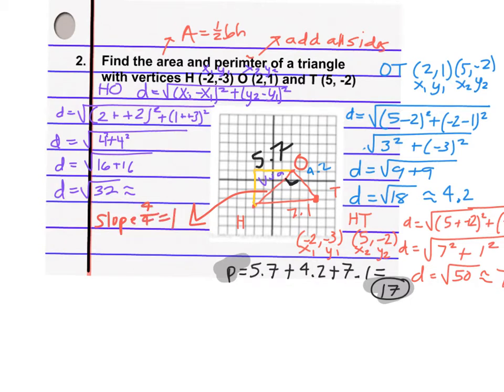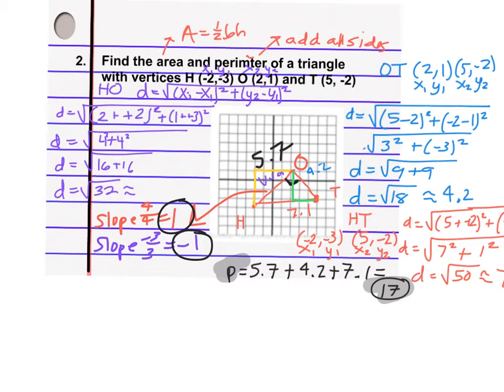Then I'm going to check the slope of OT. It looks to me like I'm going down 1, 2, 3, and over 1, 2, 3. So the slope there was -3 over 3, which is -1. Now from lesson 1.1, I don't know if you remember, we talked about how perpendicular lines have slopes that are negative reciprocals.